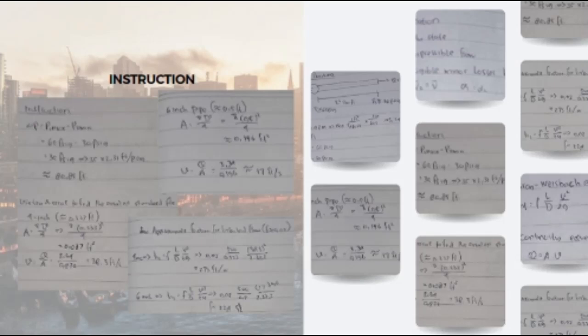And so here for the 4-inch pipe, the head loss is F times L by D times V squared by 2 times G, and we get 273 feet. And for the 6-inch diameter pipe, we get the head loss is 22.4 feet.